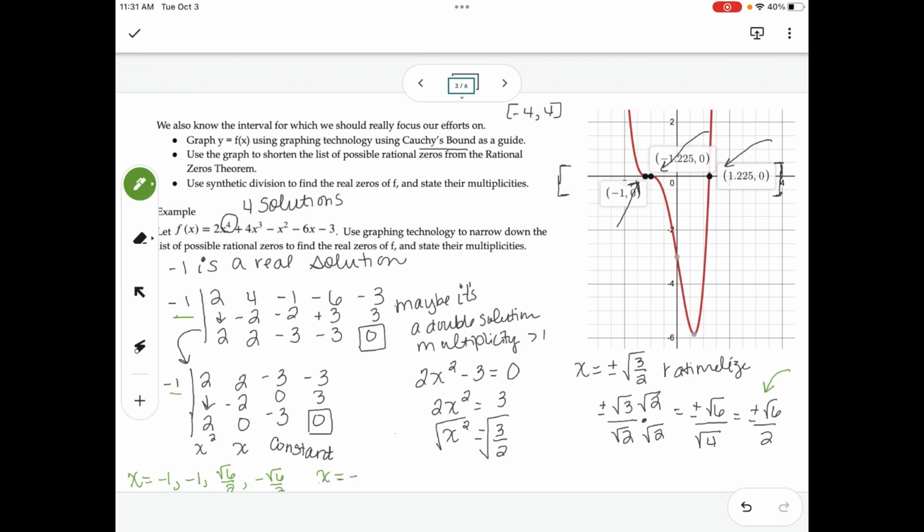We have x equal to -1 with multiplicity 2, since it says to state the multiplicities. And then each one, square root 6 over 2 and negative square root 6 over 2, these have multiplicity of 1 each.